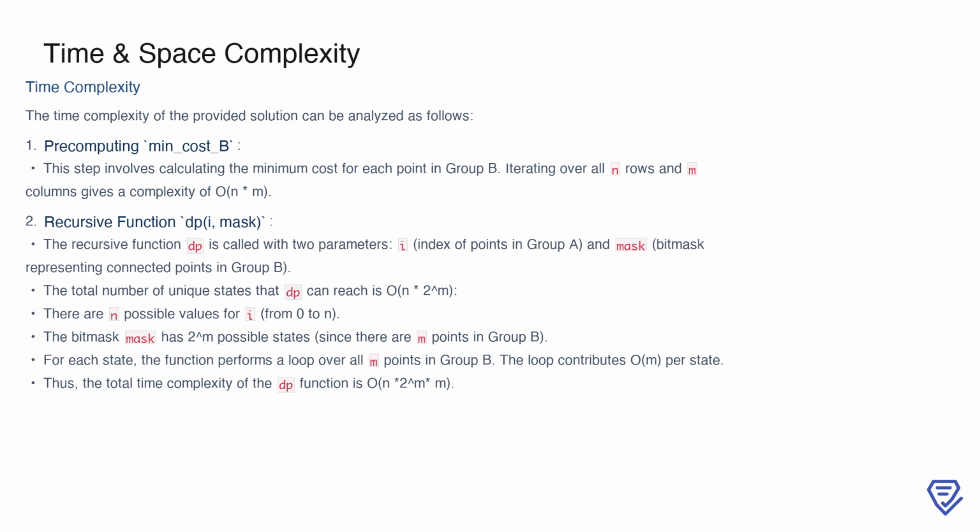The total number of unique states is determined by n values for i and 2 to the power of m possible states of the bit mask, giving n*2^m states in total. For each state, the function loops through all m points in Group B, contributing an additional m per state. Therefore, the overall time complexity of the dp function is n times 2^m times m.